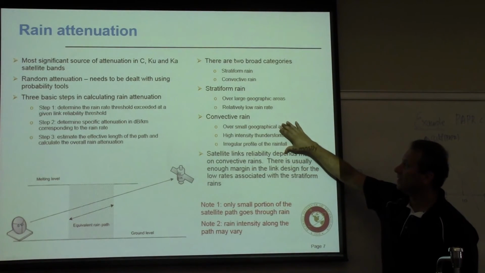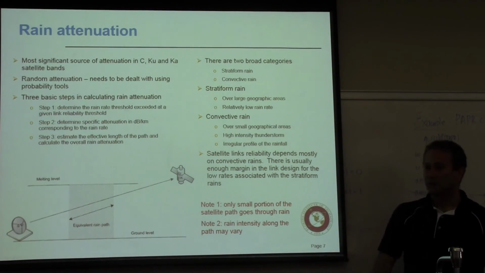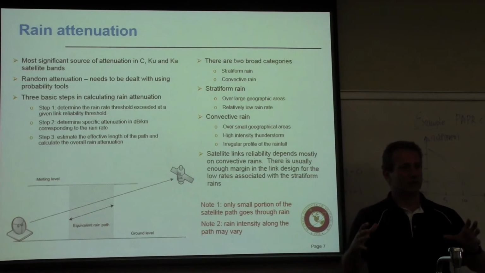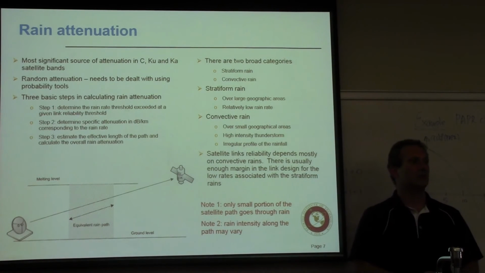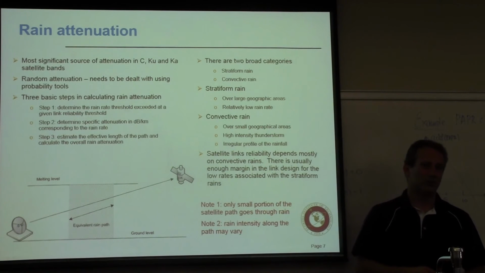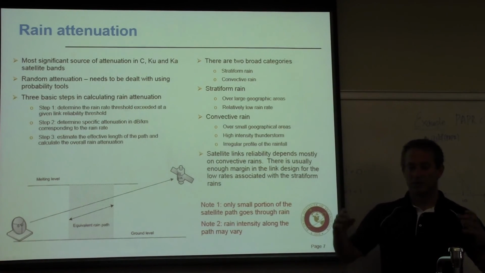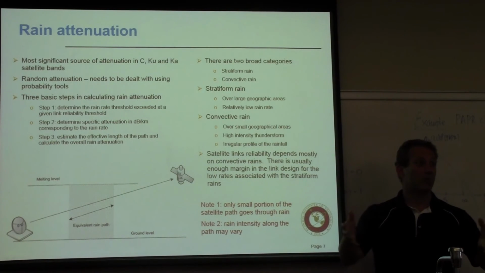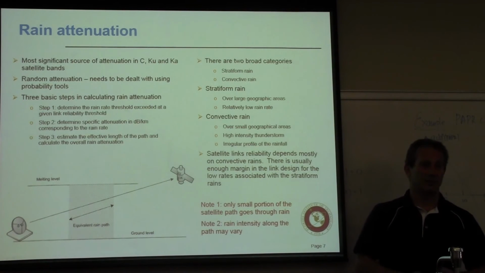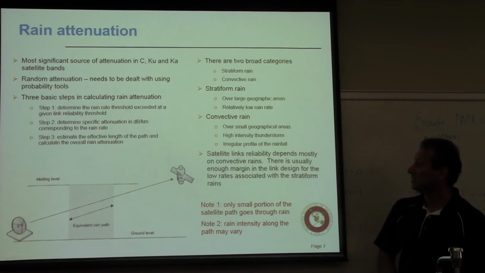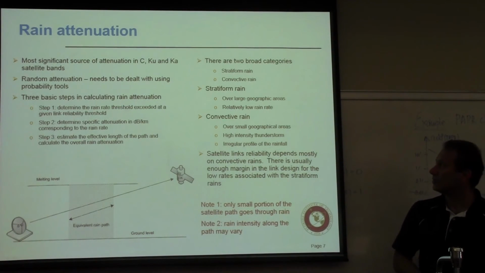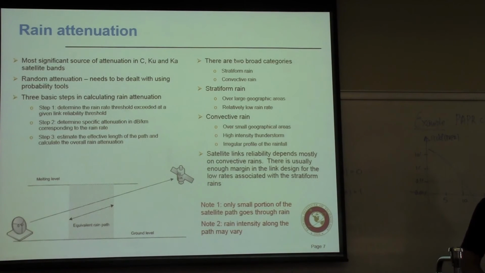What is problematic for satellite links are these convective rains that are raining over relatively small geographic areas, but the rain rate is really intense. And this is what we have around here and in many other parts of the country, where when it's raining, it's pouring, and that may cause outages because the rain rate is of an intensity that increases the losses on your link.